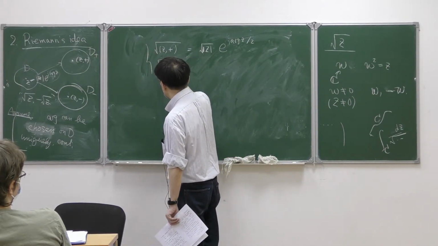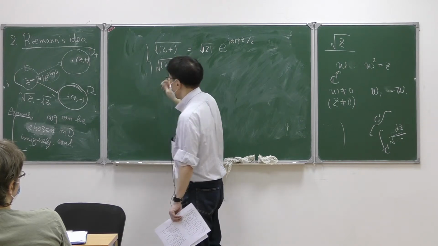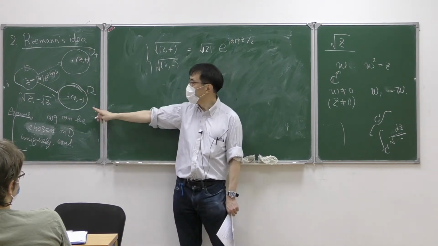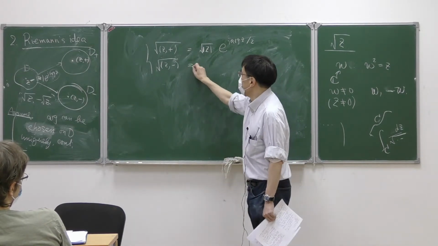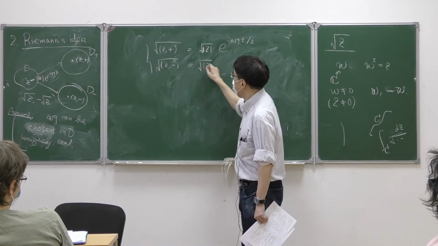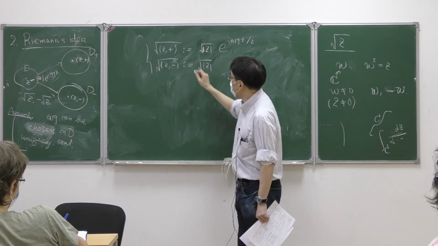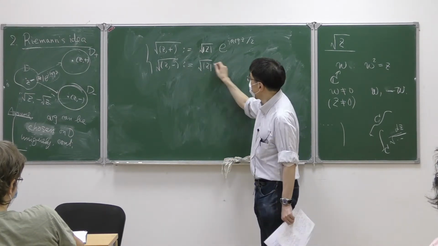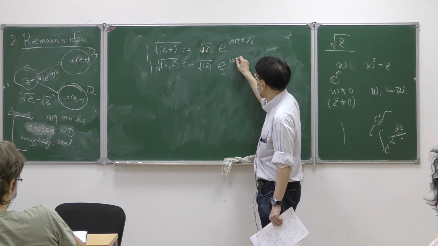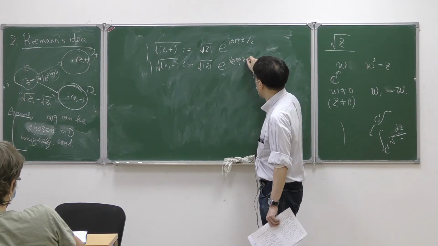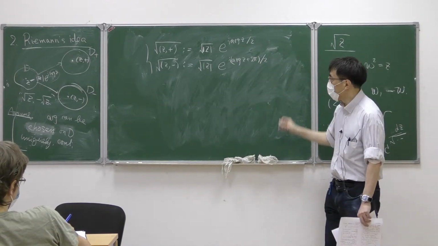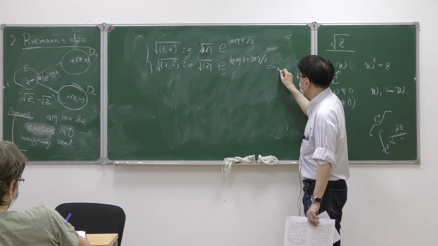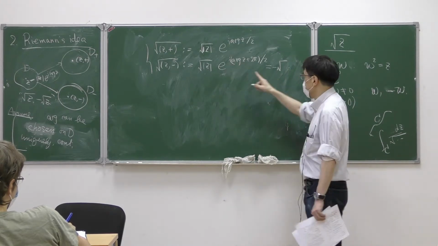Correspondingly, the lower z has square root minus of this one.